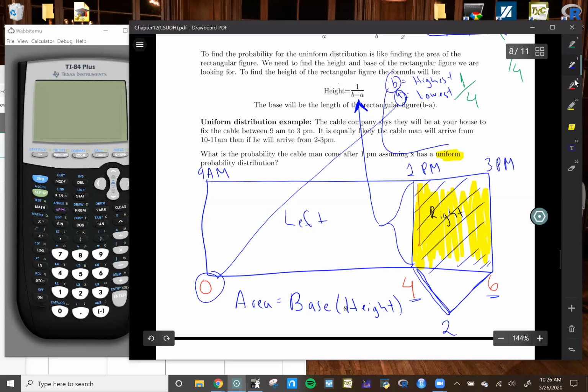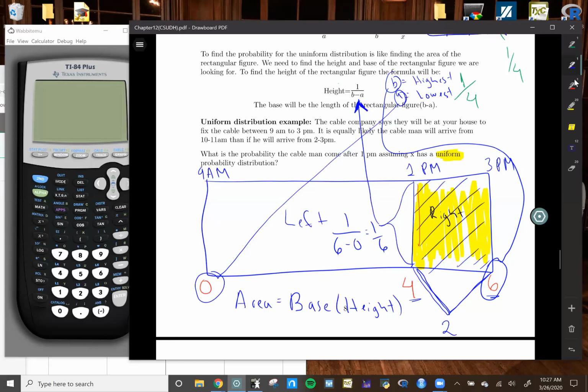B represents the highest number, which is 6. So we're going to say 1 divided by 6 minus 0, which is 1 over 6. Any questions so far?